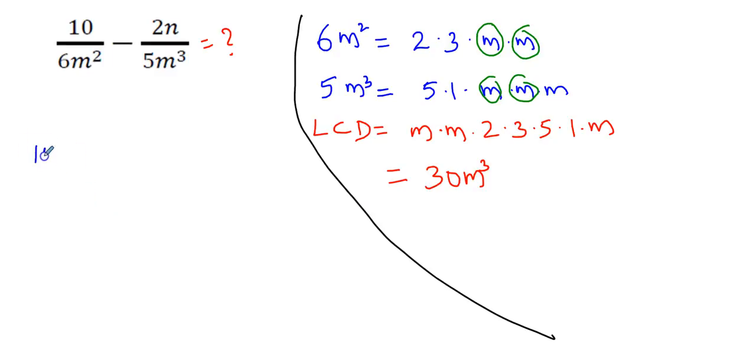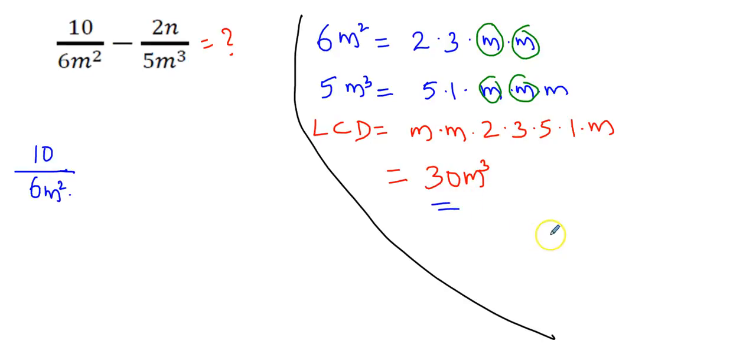Okay, let us do it this way. 10 over 6m square. So I have to multiply the 6m square with something to get 30m to the third power.